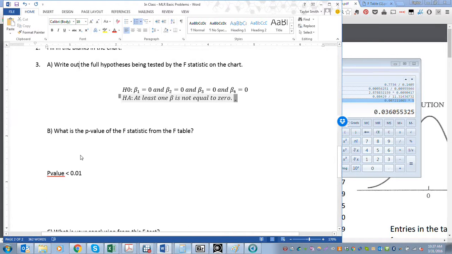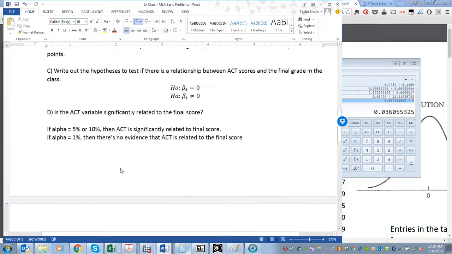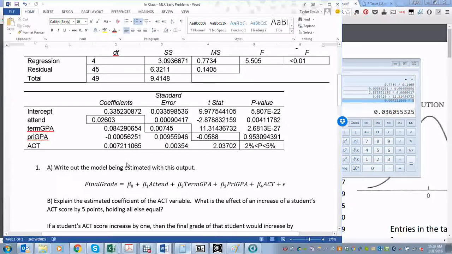Question three is making sure you understand how to use the F statistic of the regression to test the hypotheses that nothing is significant, so there's no relationship, or that something is significant. So fairly straightforward, right? I think we're at 35 minutes now, but that's because I'm pretty long-winded. You should be able to do this fairly quickly.